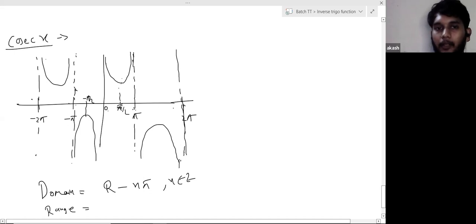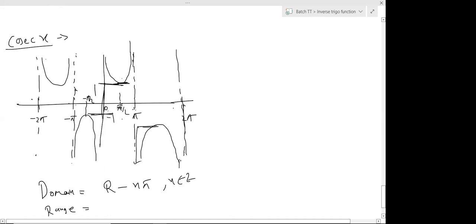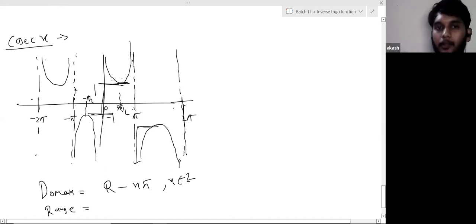And for the range here, we are getting from this to infinity, or from this to minus infinity, but there is no value of y between 1 and minus 1. Because if you put y equals half, you will never get half in cosec x.